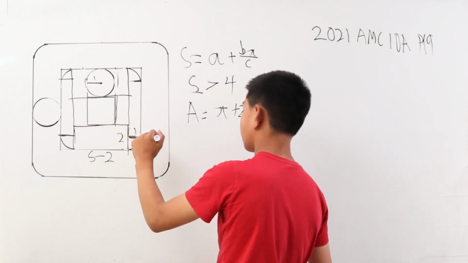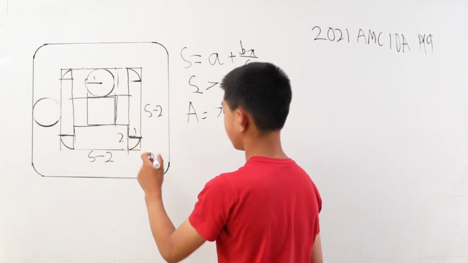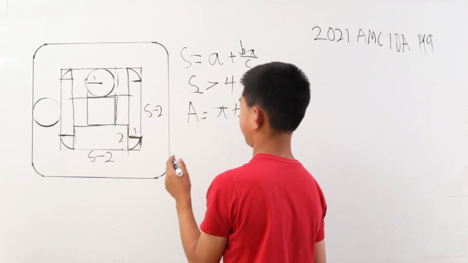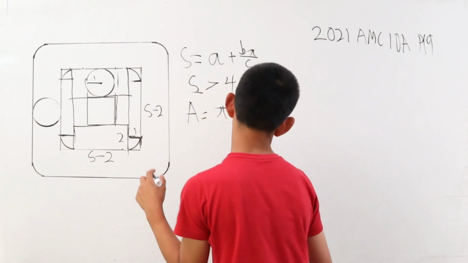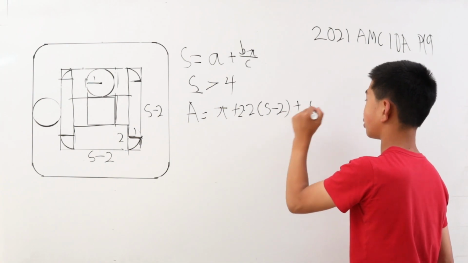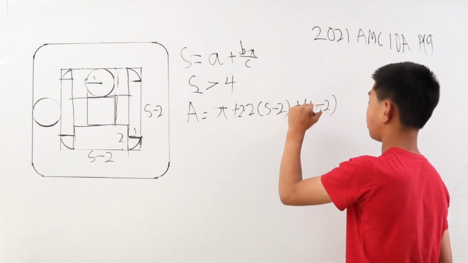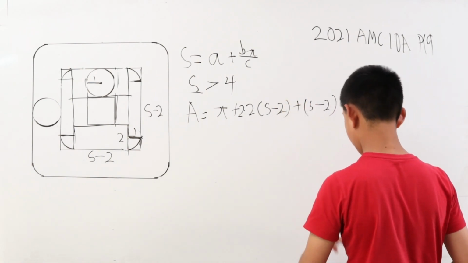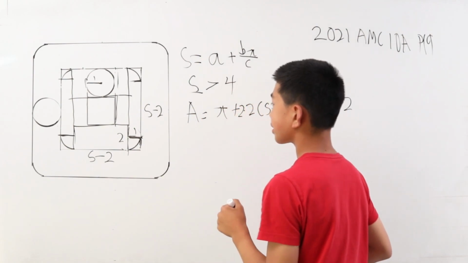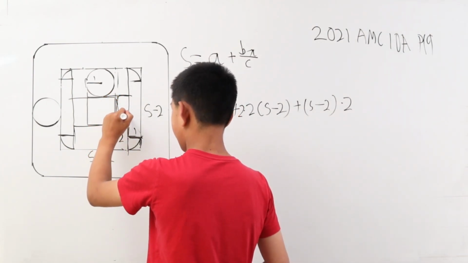The height is still S minus 2, because the radii are 1 here and 1 here, so you subtract 2 from the total side length of S. Now the area is going to be (S minus 2) times 1, which is just S minus 2. But now we have to multiply by 2 again, because there are 2 of them. Now we want to find the area of this inner square.